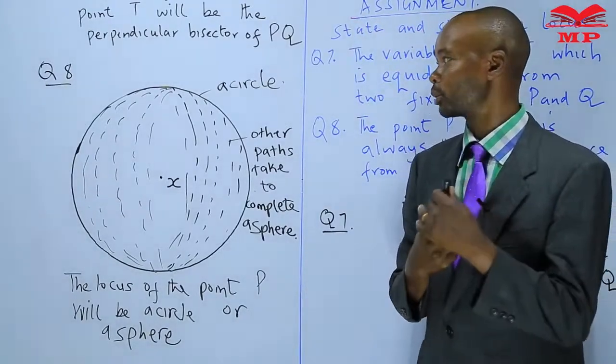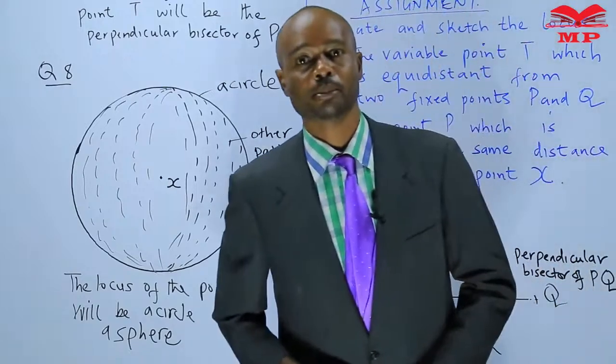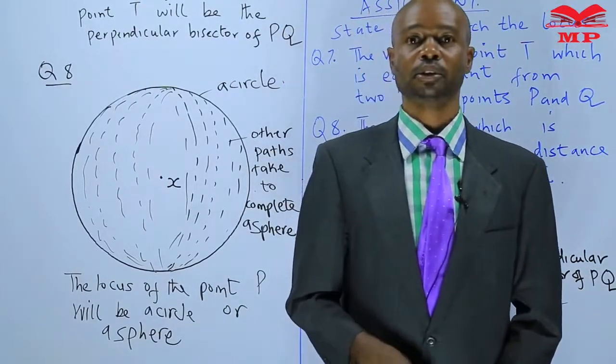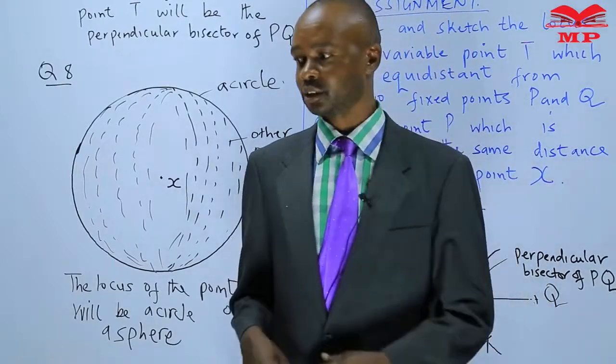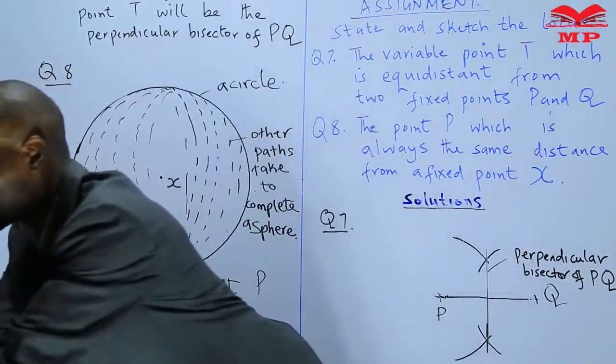So having solved question 8, before the conclusion of this lesson, I'll be able to give out 2 more questions which you will solve at your own free time. So I'll write the questions on the board.